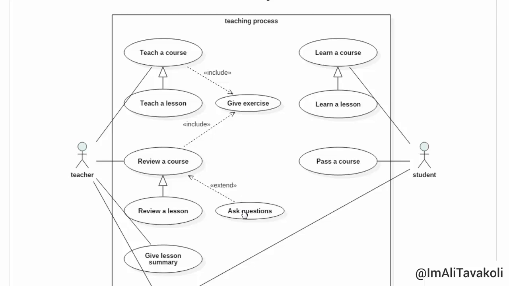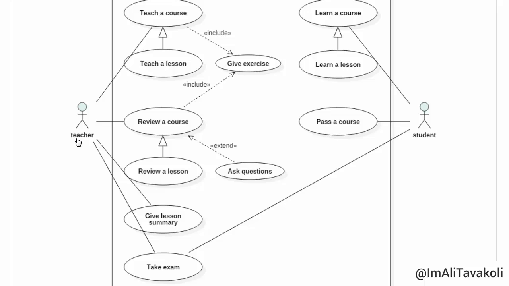And this is again true about the extend relationship, because asking questions is an optional functionality in the review a course use case. Then we will connect this with the extend relationship to the review a course use case.